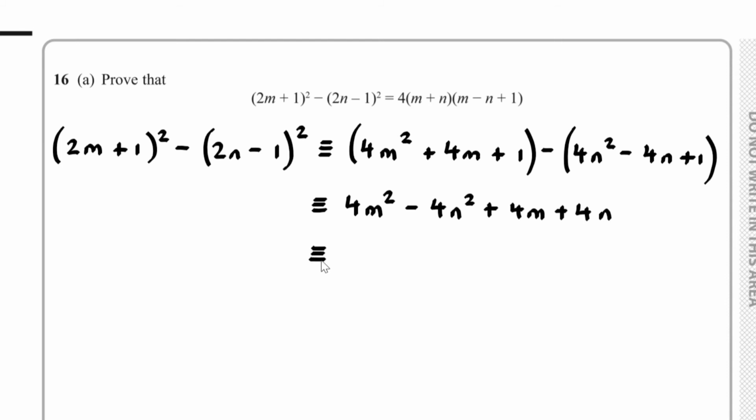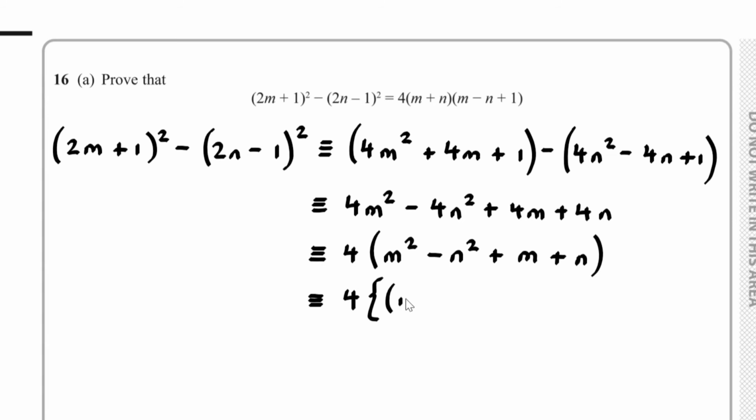Hopefully you will recognize each term contains a 4. So I've got 4 times m squared subtract n squared plus m plus n. Now you will find that m squared subtract n squared is the difference of two squares. So we have 4 multiplied by m plus n times m subtract n plus m plus n.